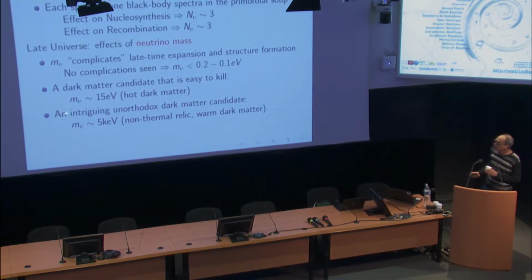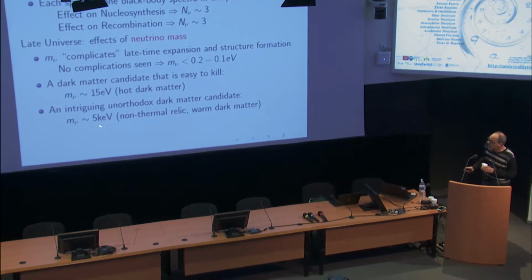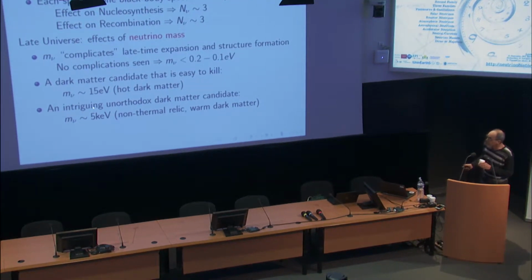And then there are also intriguing unorthodox dark matter candidates like a 5 keV sterile neutrino, which would be called warm dark matter. These things are all going to change what happens at late times, and the fact that we don't see them puts constraints on them. And then, of course, there's the super challenge now to detect those, and if I have a little bit of time, I'll mention that at the end.